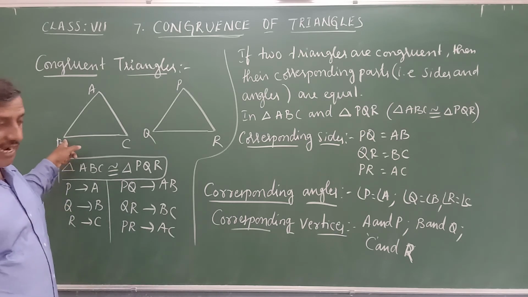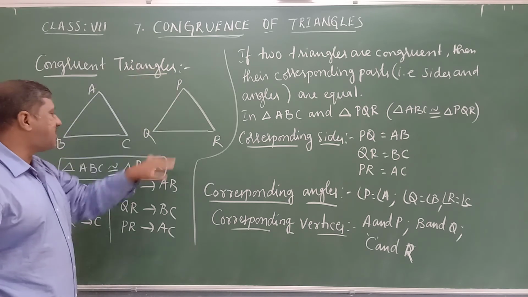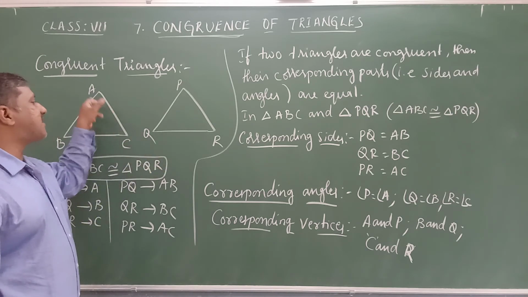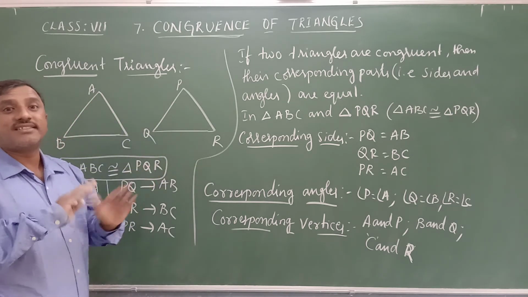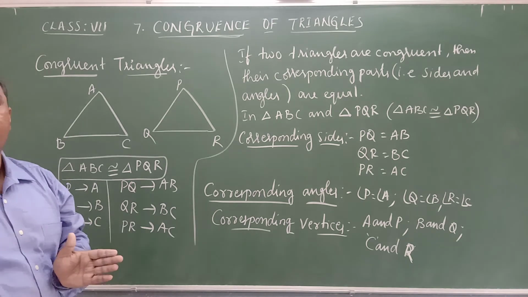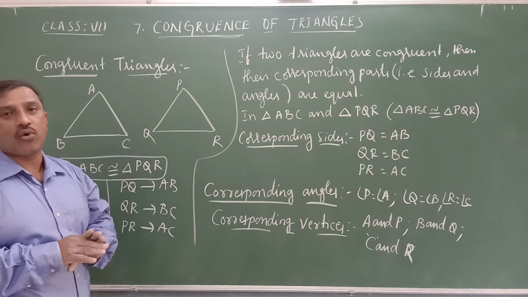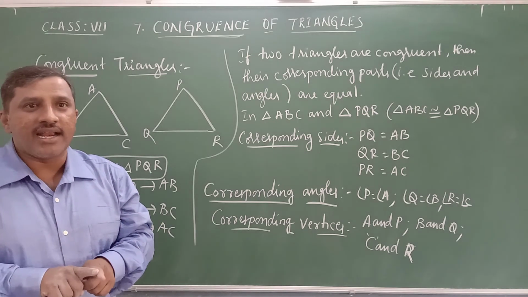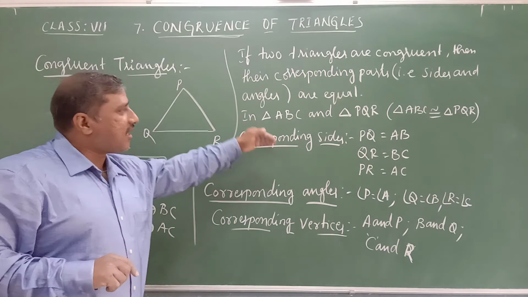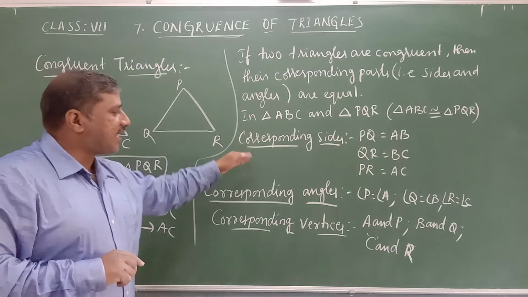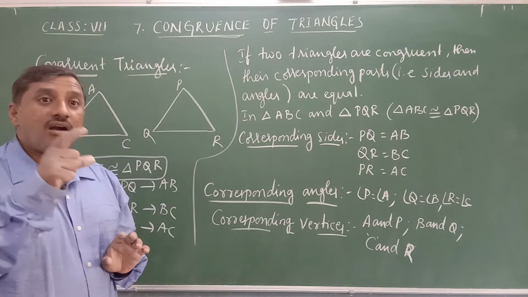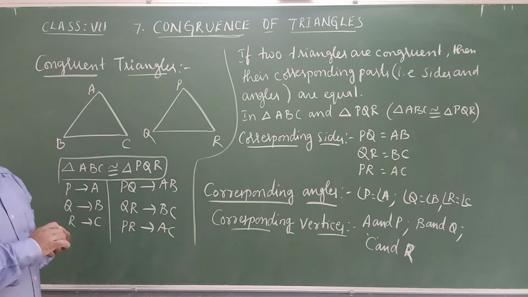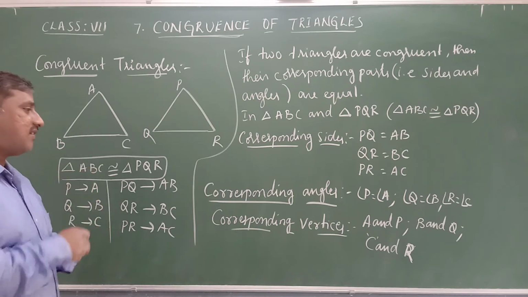If it coincides, it is not necessary that vertex C coincides with Q and vertex A coincides with R. It may coincide or it may not. So from this we can say that for two congruent triangles, not only their corresponding sides and corresponding angles matter, but also the order in which we place one triangle over the other, that is, the order of the vertices.